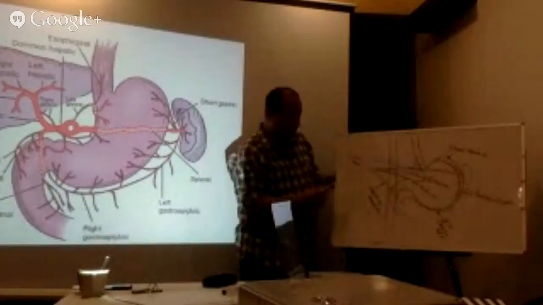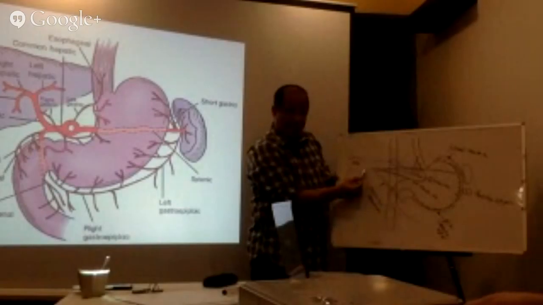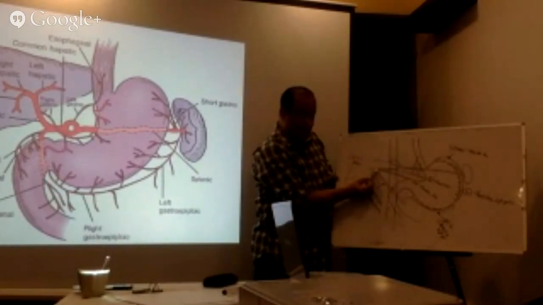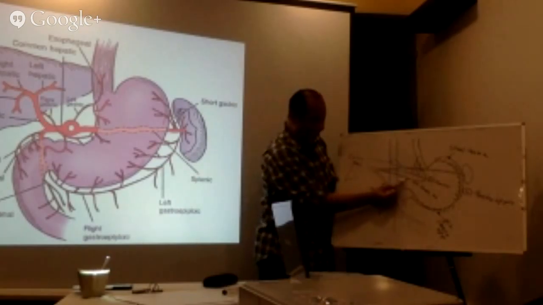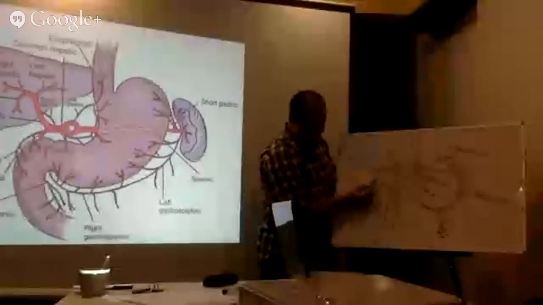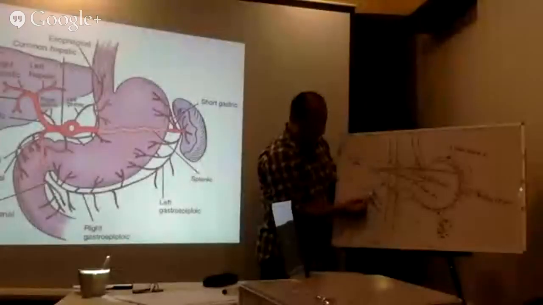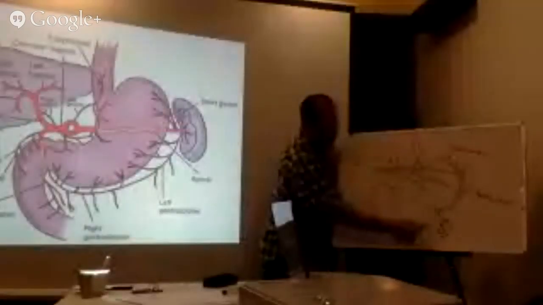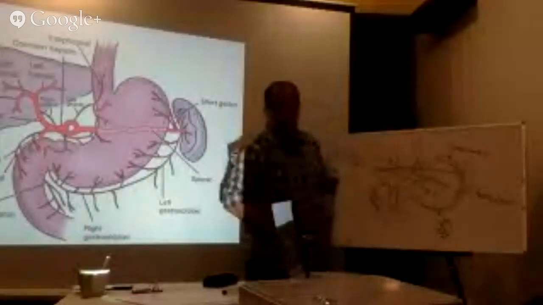So again, guys, look at the hepatic. This is the hepatic. The hepatic gives two branches. One is the right gastric artery, and the second is the gastroduodenal. Why? Because it gives blood supply to the duodenum as well as to the stomach, which is the right gastroepiploic artery.